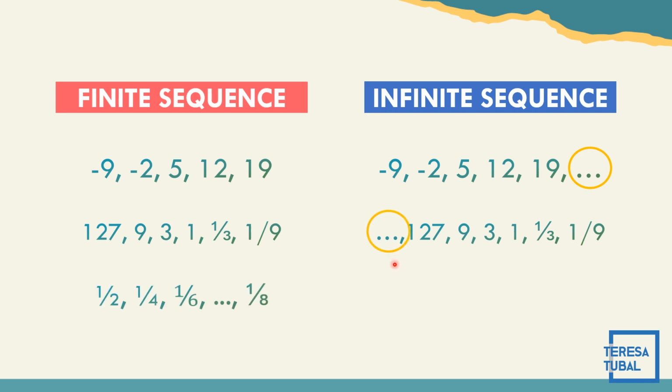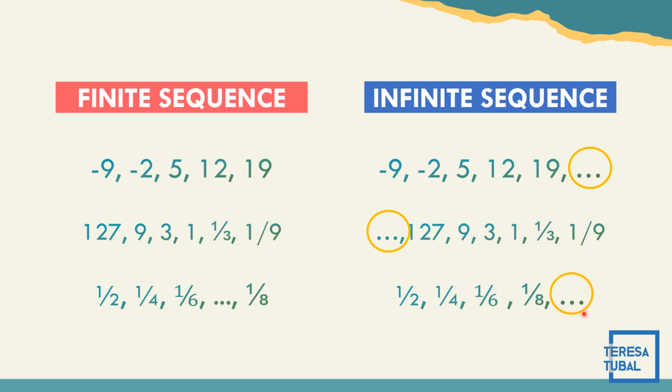Okay, next, third example. 1/2, 1/4, 1/6, and the three dots, and then 1/8. As you observe, this is not considered an infinite sequence because we have the first term, that is 1/2, and we have the last term, that is 1/8. The three dots are in between. In the previous one, the three dots were at the end, so we have the first term and no last term.